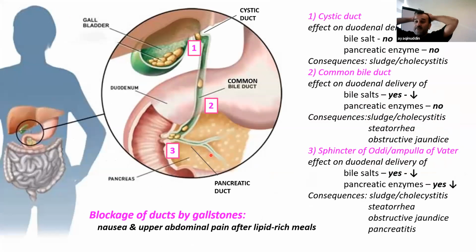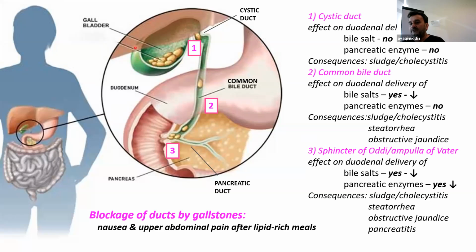So what would be the effects of formation of gallstones? The gallstones can block the cystic duct, which is the duct coming out from the gallbladder. If that happens, bile still can go from the liver all the way down to the duodenum. The only thing that happens is that because it blocks the mouth of the gallbladder, there would be sludge, and that can lead to inflammation of the wall of the gallbladder, which is called acute cholecystitis.